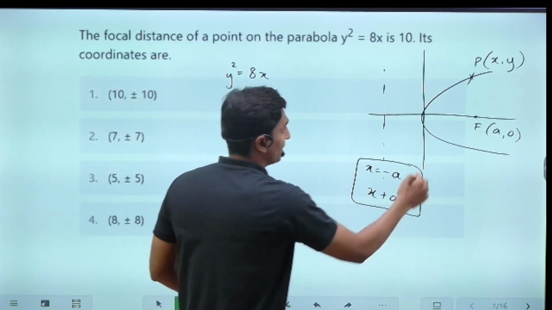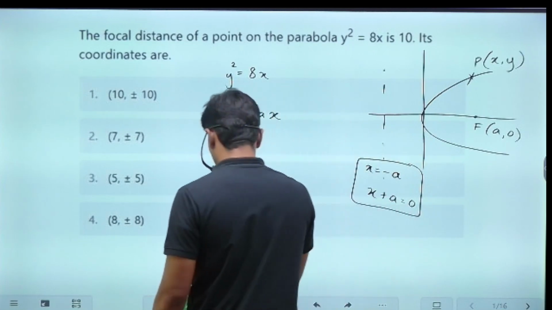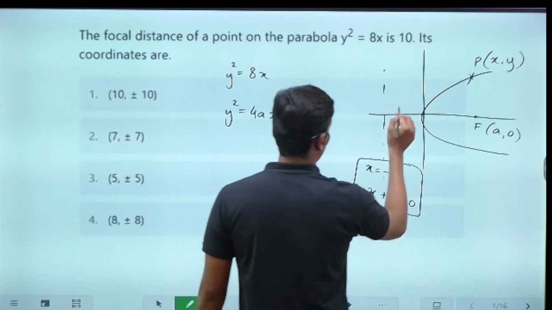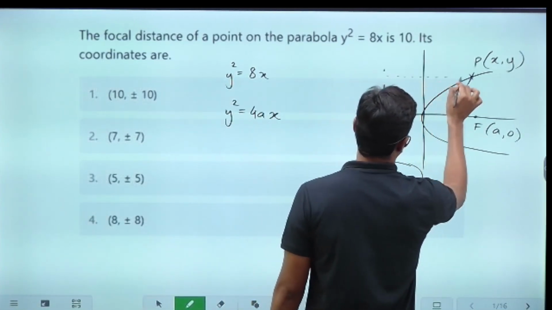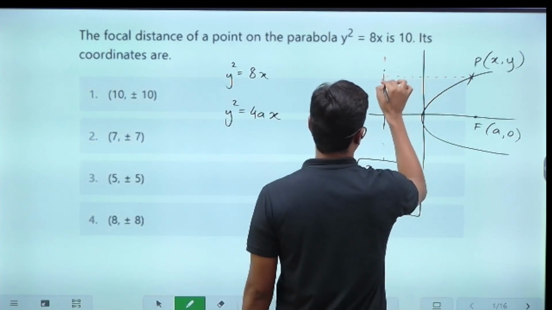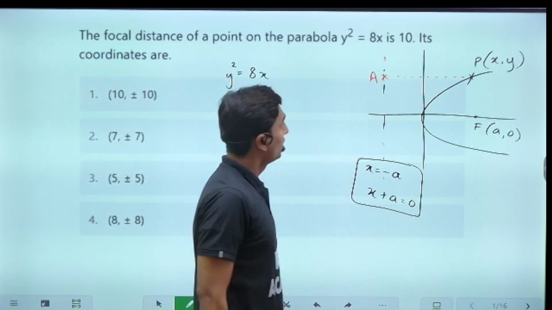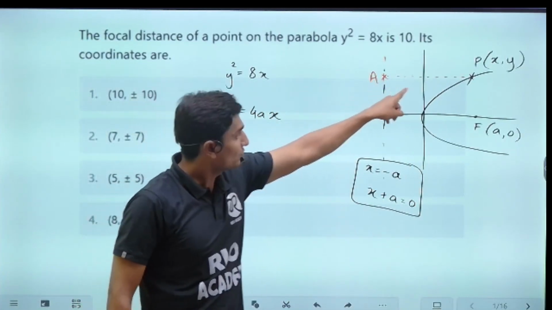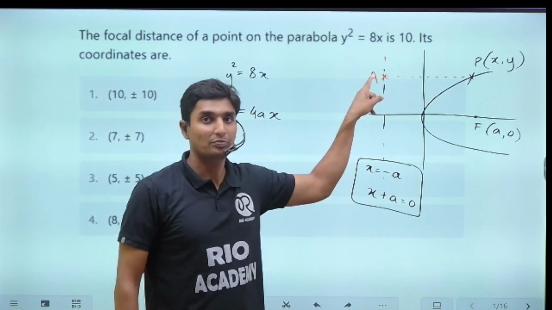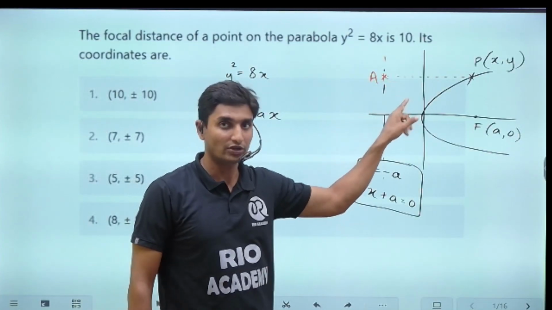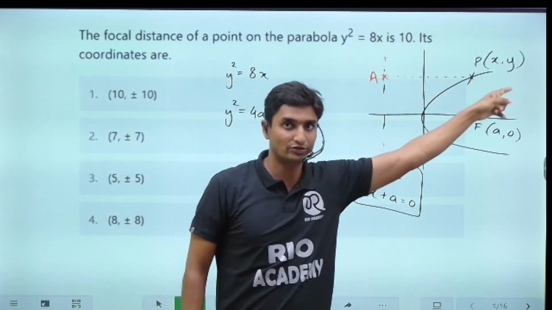How is that possible? Because see here, in case of a parabola, suppose I take a point here, I'll take this particular point to be A. PA is nothing but the perpendicular line that we are drawing from the directrix to this point.